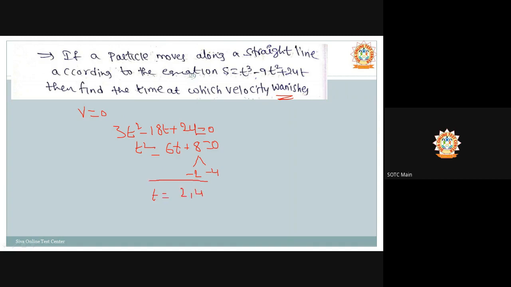If you want to find the detail, you can also find it. So now your t is 2 comma 4. It is saying that at 2 seconds it is vanishing, and again after 2 seconds it is vanishing, right? So your answer is 2 seconds or 4 seconds, whatever the option is there, you can read.